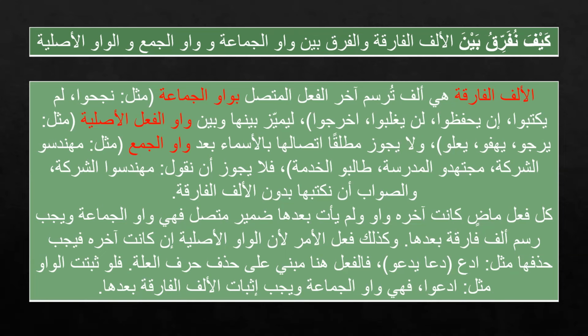Now, what about Waul Jam'a? What is that? See here, Waul Jam'a is the wow that comes with the asma. Like we did the Muslim chart, and I know that you already know this chart. Muslimun, Muslimani, Muslimuna, Muhandisuna, Talibuna. So all these added vowels are the vowel jam'a for the hum siga.